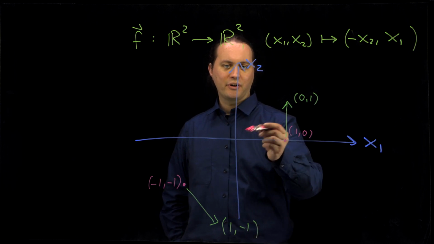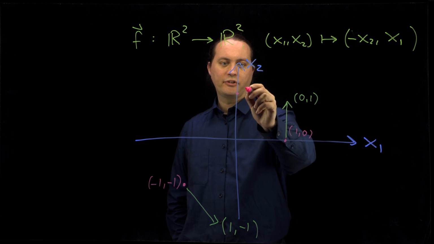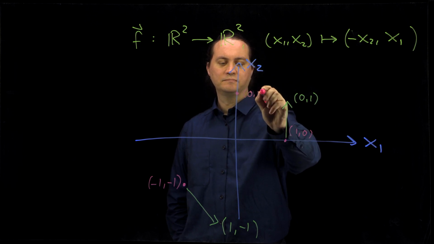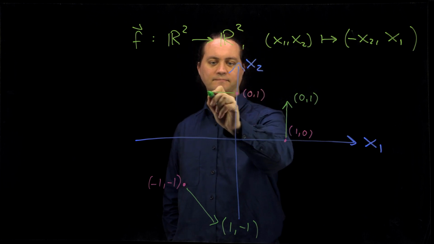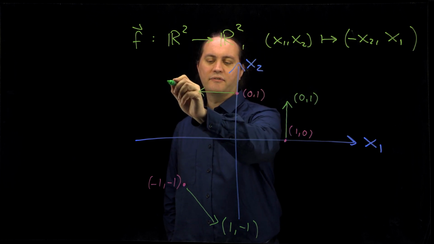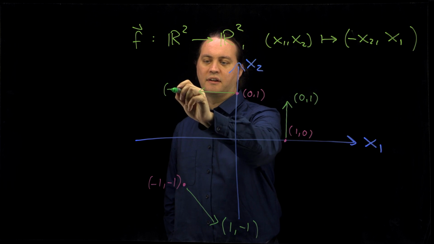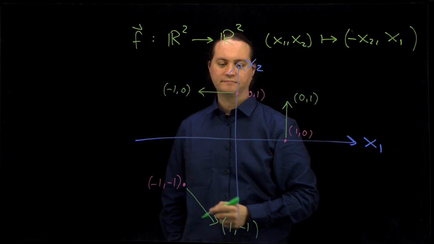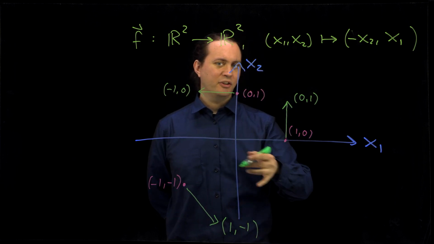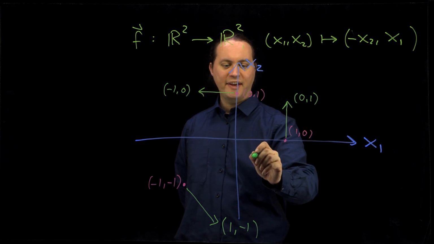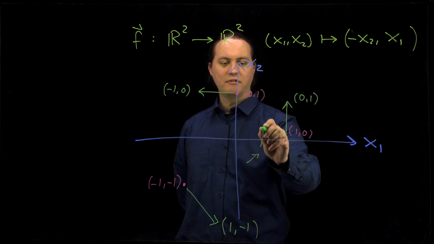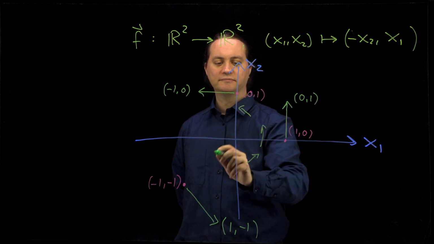Maybe another interesting coordinate is just 0, 1. And the vector field will produce the vector in direction negative 1, 0. In fact, you can continue this example with a few other positions. And generally speaking, the vector field that will emerge will look like a circular flow.